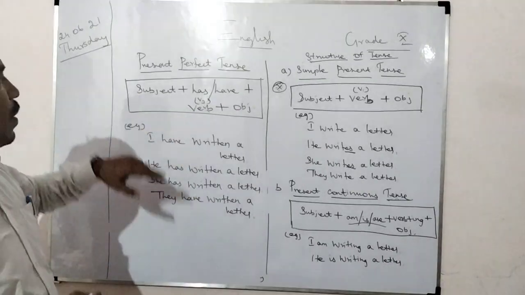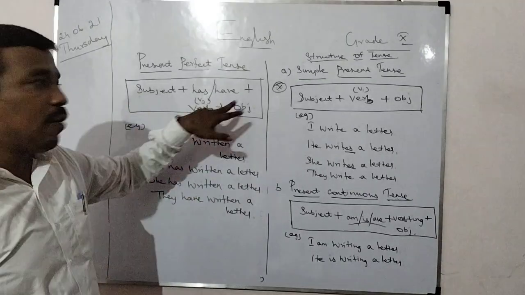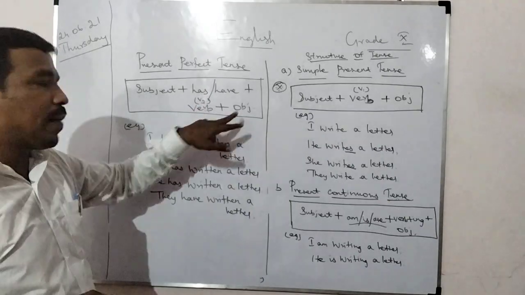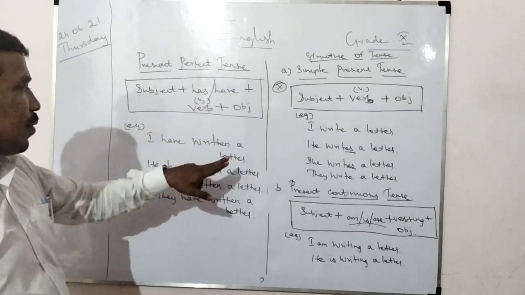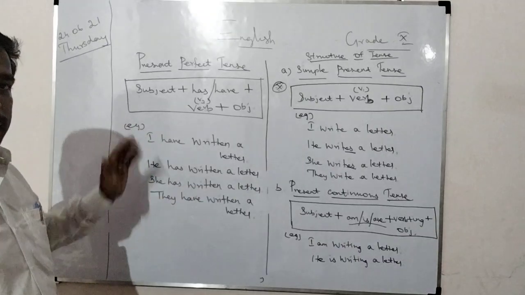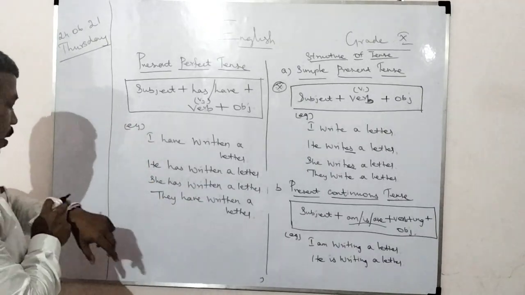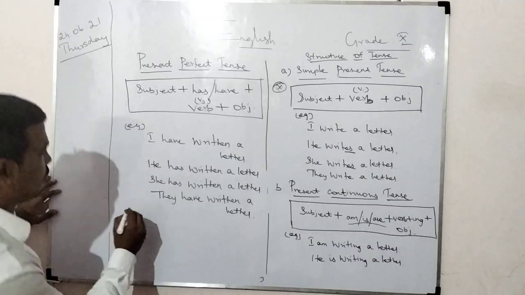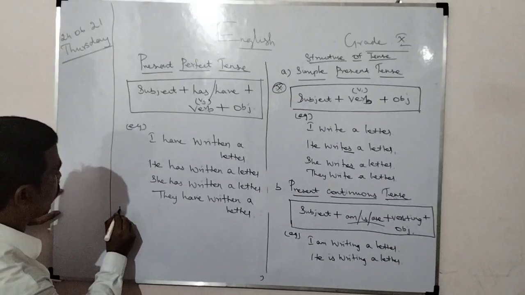Subject has or have plus V3 form of verb plus object. So, I have written a letter. He has written a letter. She has written a letter. Take it down fast. Next one is the present perfect continuous tense.